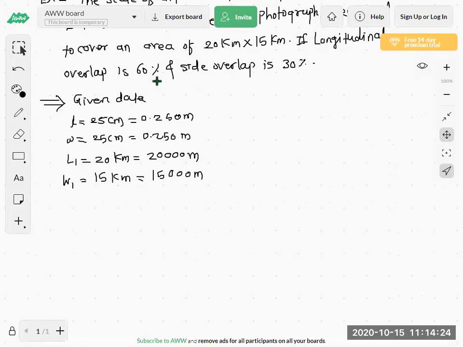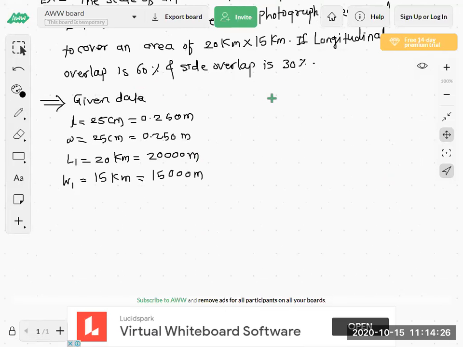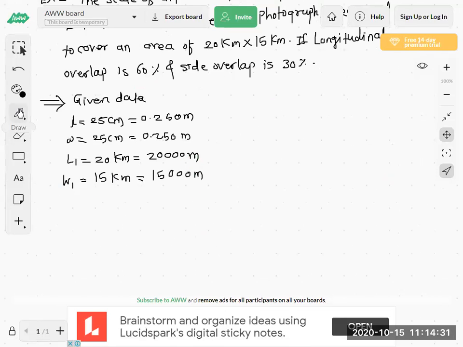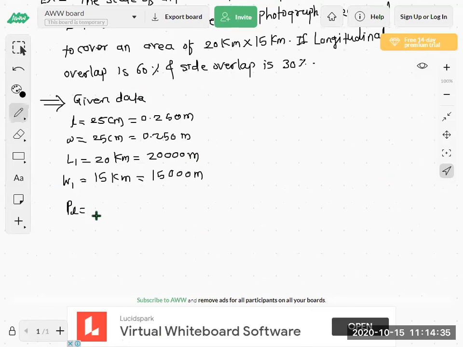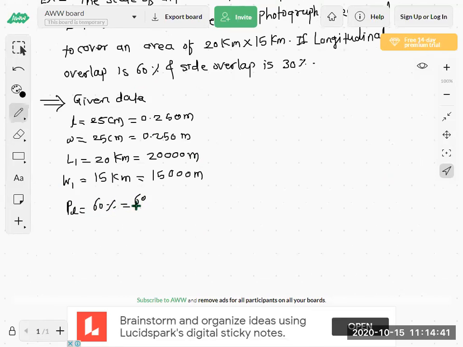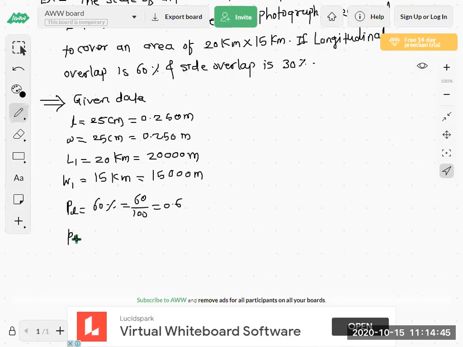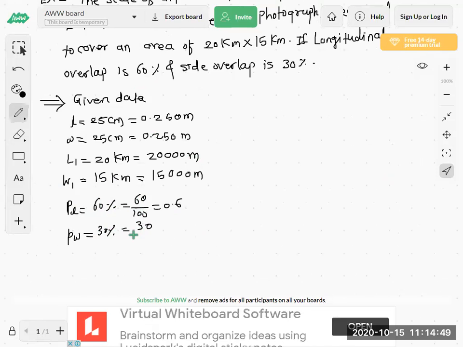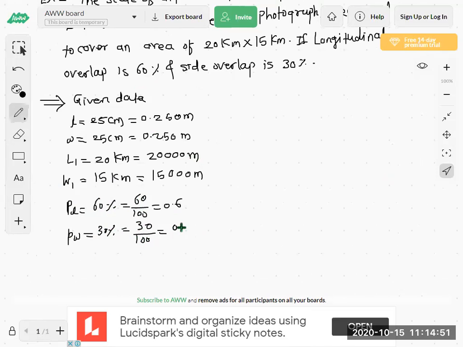Then the longitudinal overlap and side overlap are also given. PL is given as 60%. 60 divided by 100 is equal to 0.6, and PW is equal to 30%. It means 30 divided by 100 is equal to 0.3.